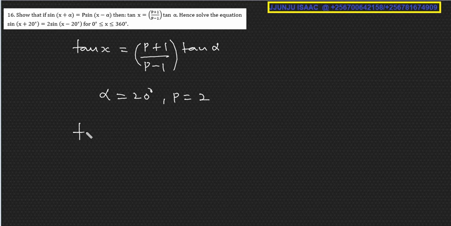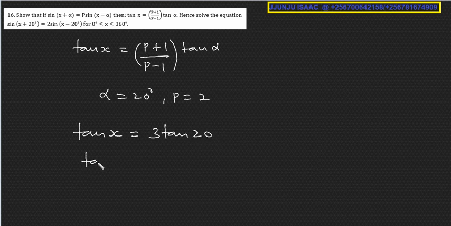So we need to substitute. We get tan x to be equal to p, that is 2 plus 1, which is 3. p minus 1 is 1. Then tan 20.